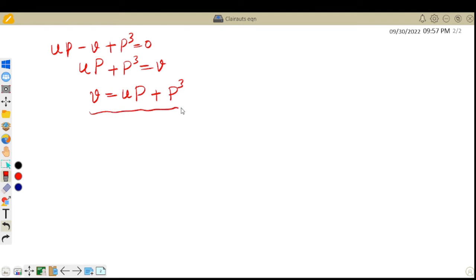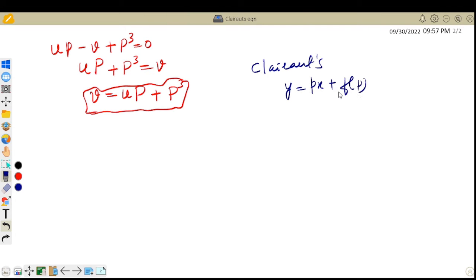So try to understand this equation carefully. What is actually our main Clairaut's equation? The standard equation of Clairaut is y is equal to px plus function of p.